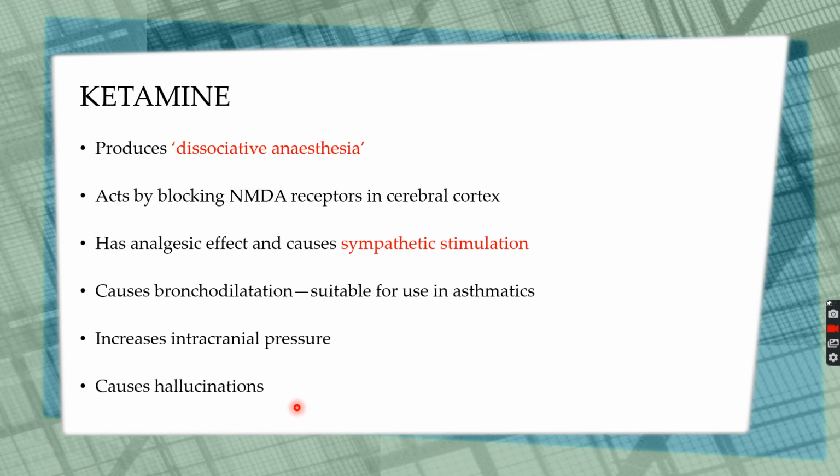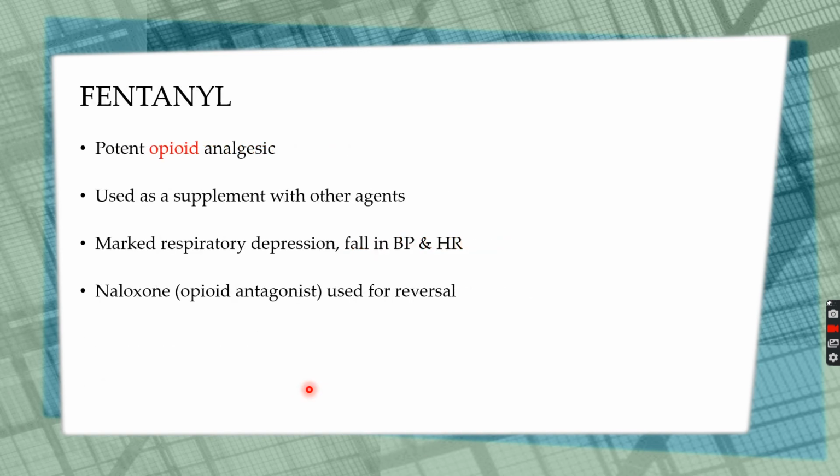So, ketamine, although it is a good anesthesia wherein the person is able to breathe on his own and does not require artificial respiration or intubation, has the problems of sympathetic stimulation, increased intracranial pressure, and hallucinations during recovery.